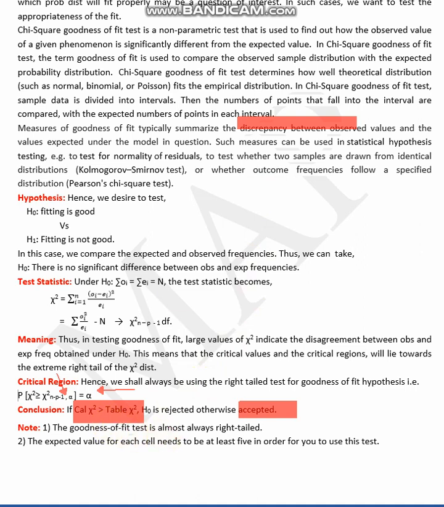Again you have to note that the goodness of fit test is always a right-tailed test, and the expected value for each cell needs to be at least 5 in order to use this test. That means any expected cell frequency should be more than 5. If it is more than 5, then we can use the chi-square test for goodness of fit.